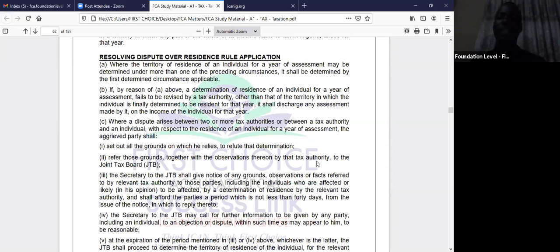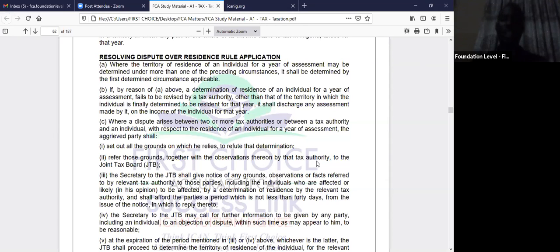Like we said, which of the circumstances is the preceding one, the one that first precedes? Which one of them will hold more ground? Is it that because his place of residence as of January 1 is perhaps Ogun State, or is it that because where he's making the income is Lagos?